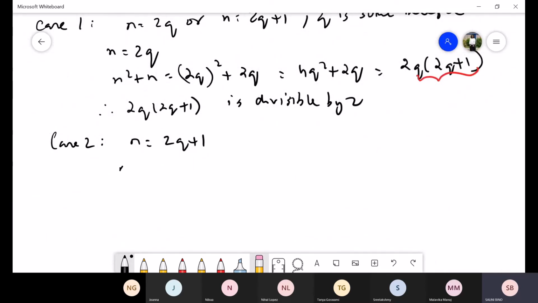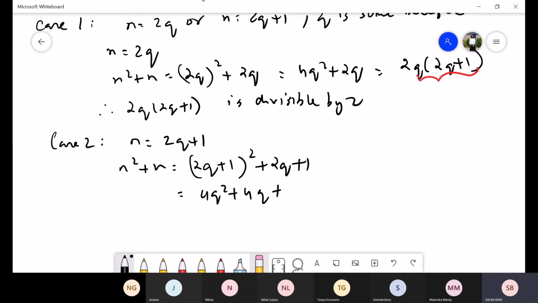Now what is n square plus n? Instead of n I am going to give 2Q plus 1. So 2Q plus 1 the whole square plus 2Q plus 1. Now simplify, a plus b the whole square: 4Q square plus 4Q plus 1 plus 2Q plus 1. So 4Q square, 4 plus 2 will give you 6Q, and 1 plus 1 will give you 2.